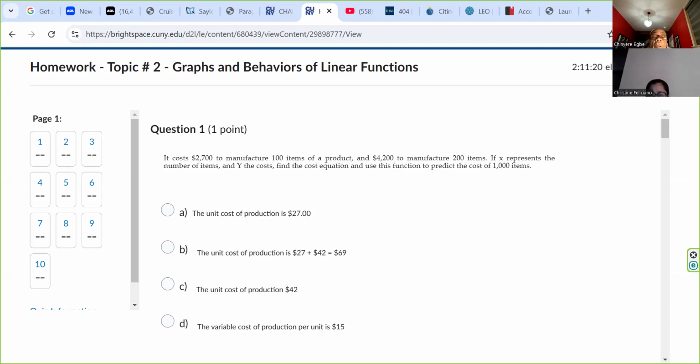When we say linear function, we're simply saying that the relationship between the dependent and the independent variable is a straight line. That is, when you plot it on a graph, the rate of change is constant.